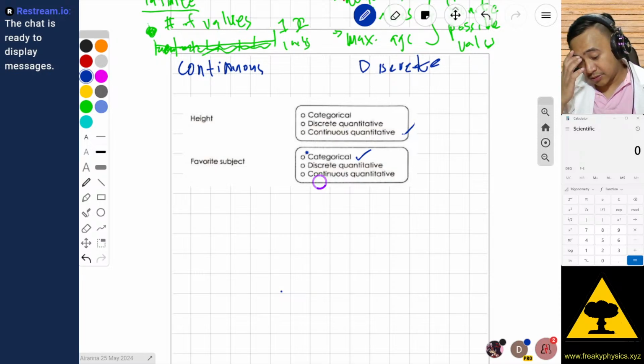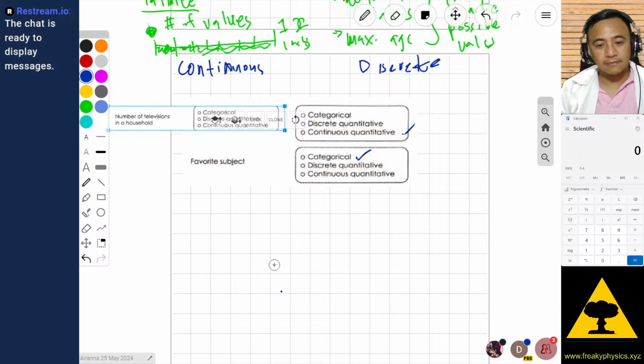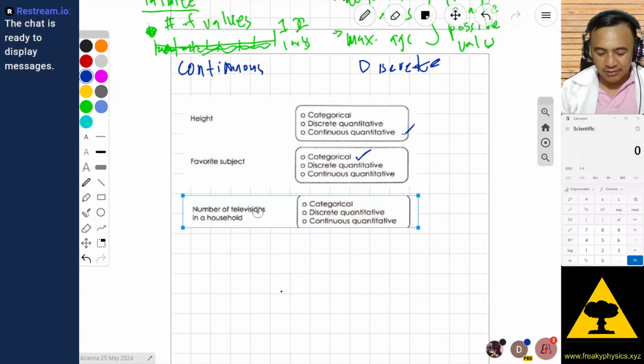Number. Continuous. Hmm. Discrete. All right. It's not continuous. It's discrete.